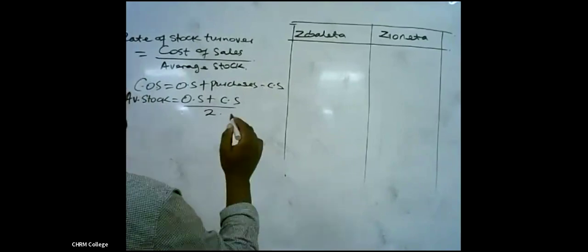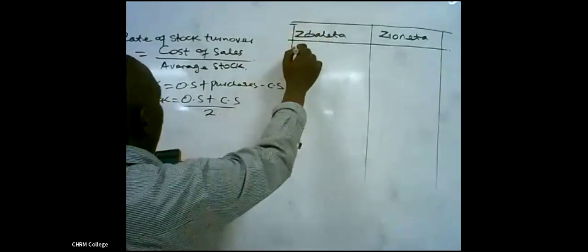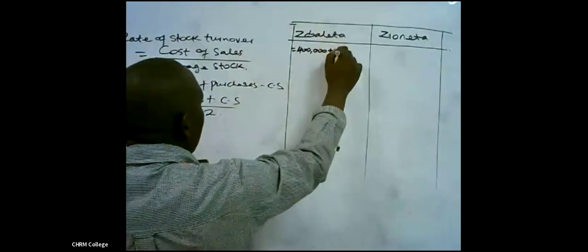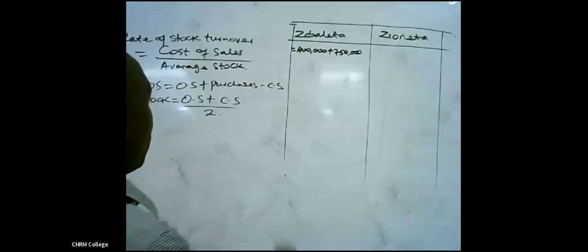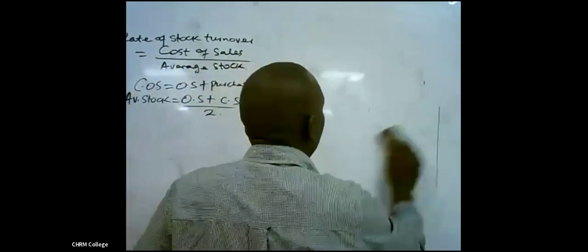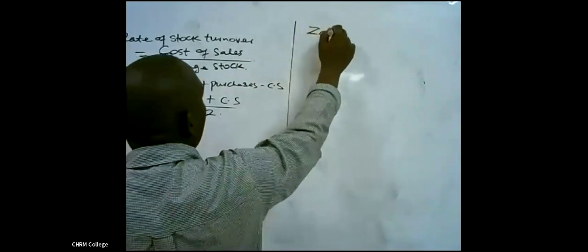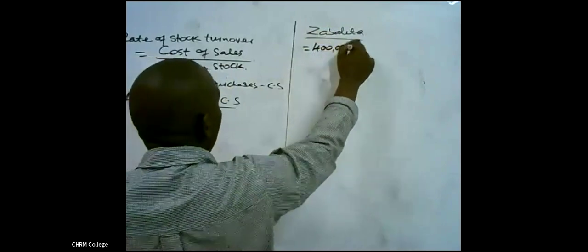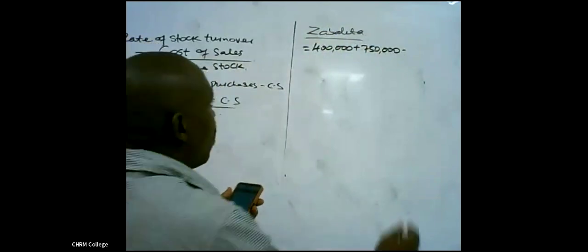So for the cost of sales, the opening stock for Zabaleta is 400,000, plus the purchases, which is 750,000, minus the closing stock of 600,000.